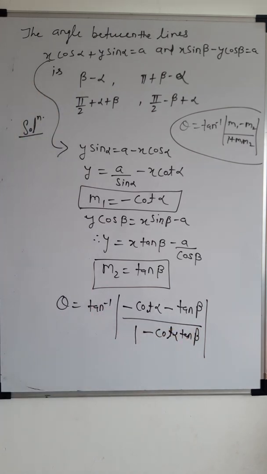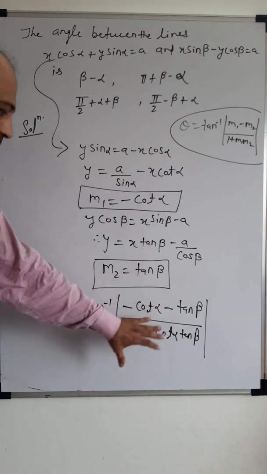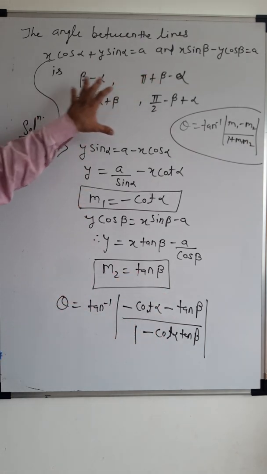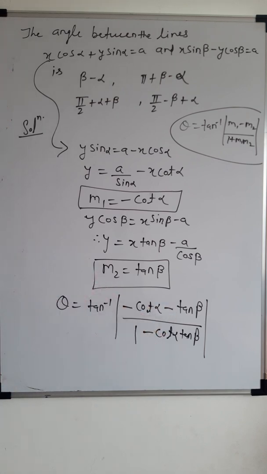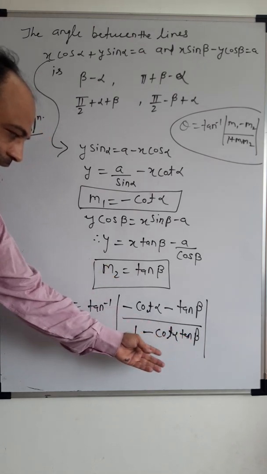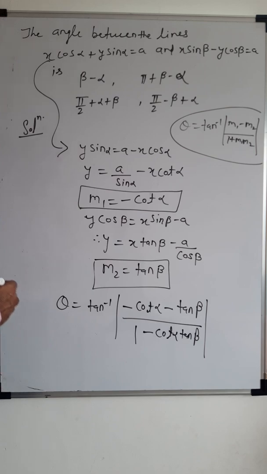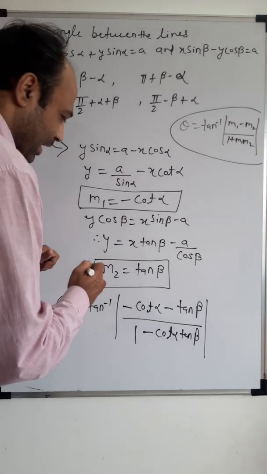Correct? Up to here we have reached. Now we have to simplify this and match the correct option. So we'll change tan beta in terms of cot, and this tan also in terms of cot, and then we will move to the next step. Look at this.